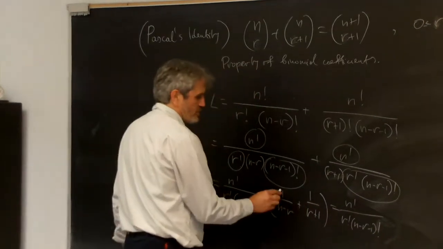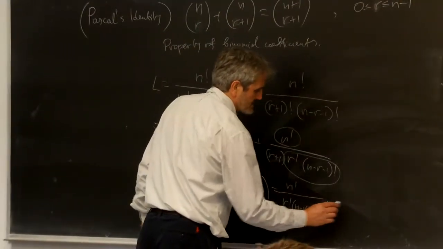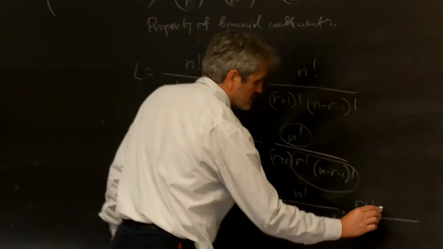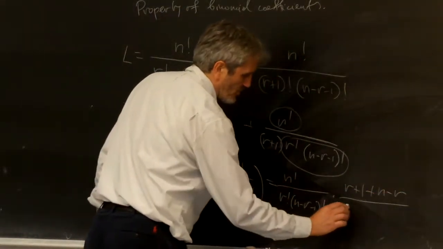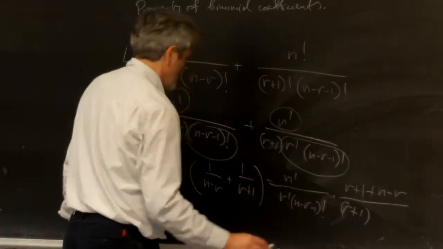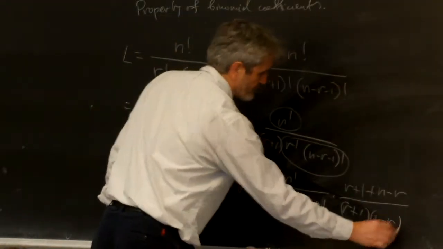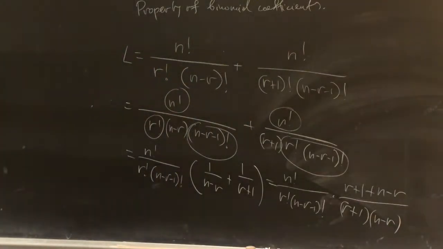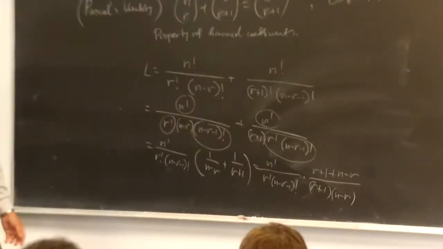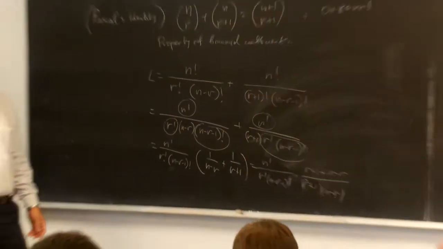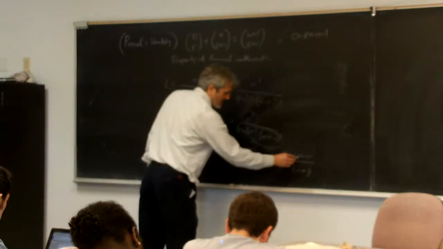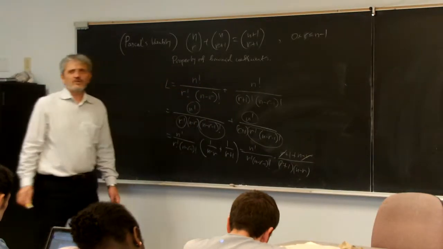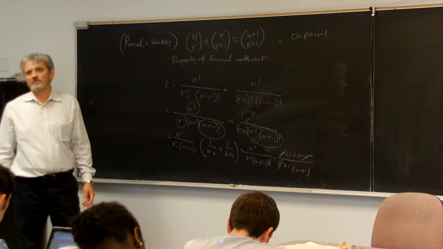When you cross multiply, you get... we are done. Why are we done? Because this is a moment. R and r cancel. So now we will assemble factorials.